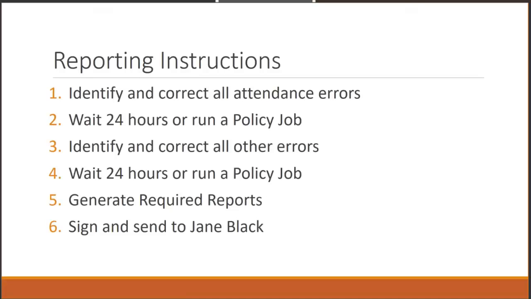And the reason you do this is to make sure that all of those attendance errors are processed before you search for the other errors, and we'll talk about that in a second. Then you wait 24 hours or run another policy job to make sure that all of the errors have been processed and all of the students will show up in your required reports. Then you can go ahead and generate those required reports and sign them and send them to Jane Black.